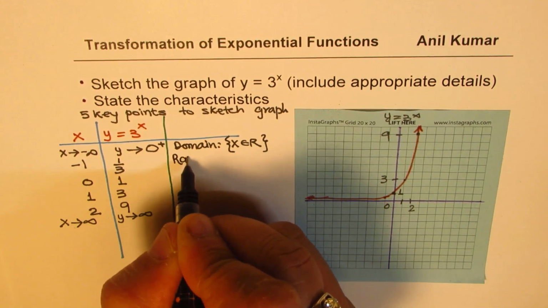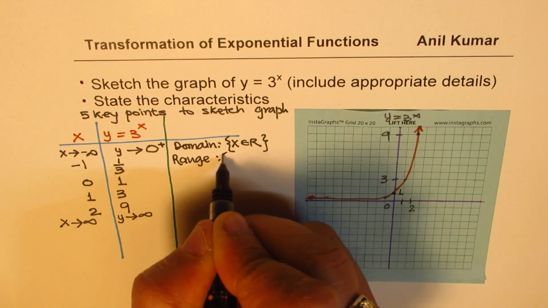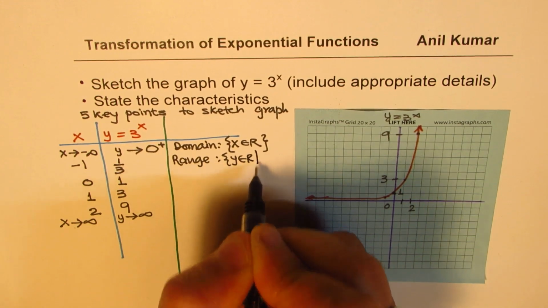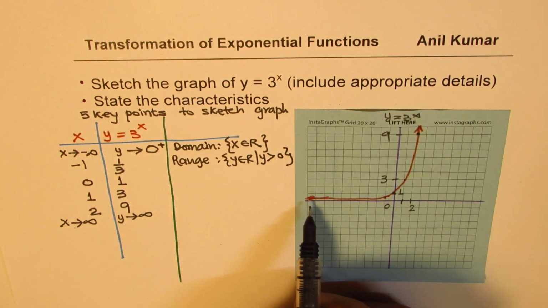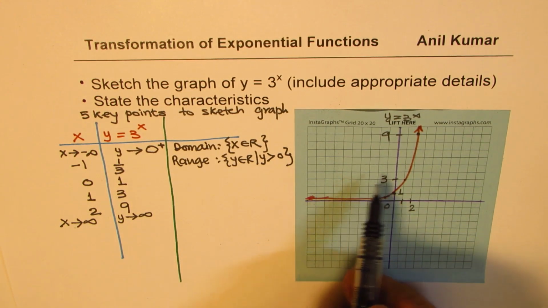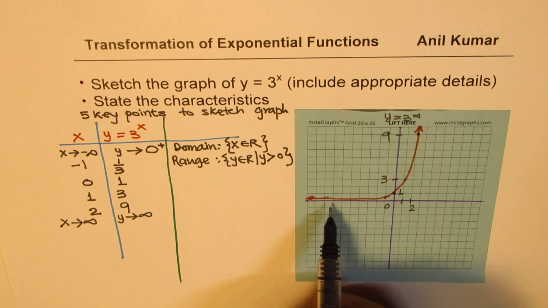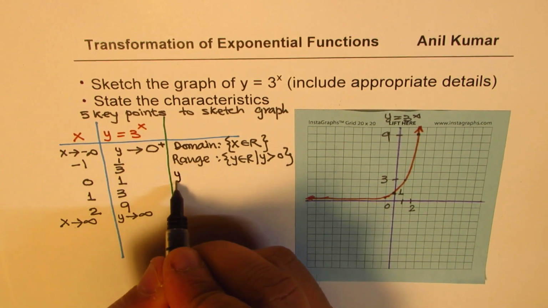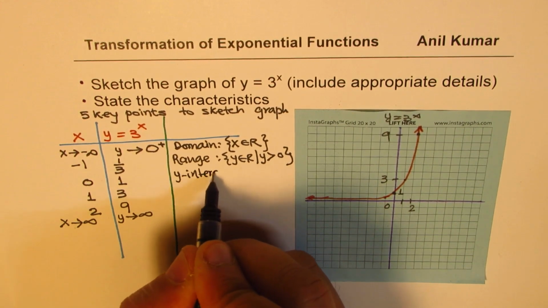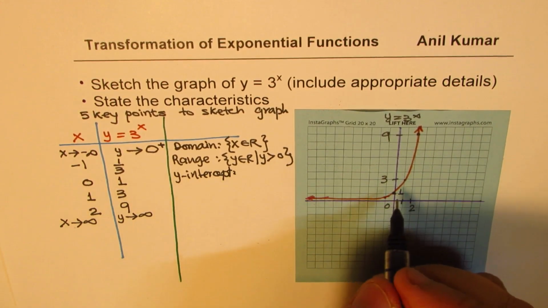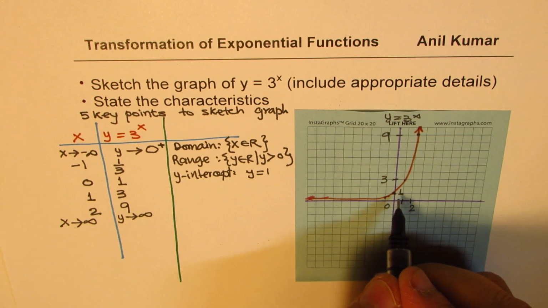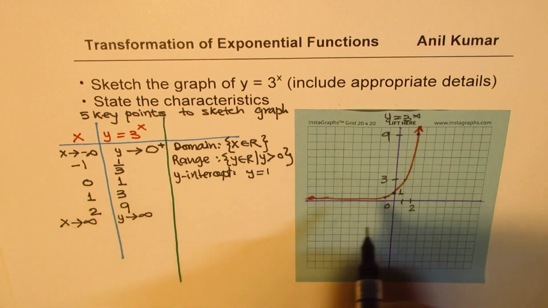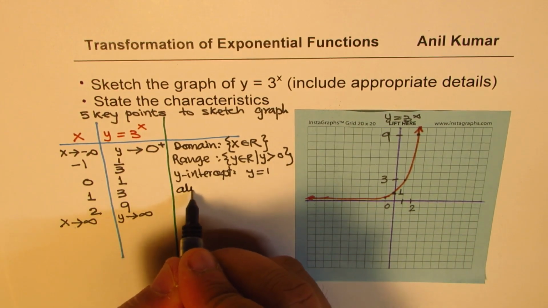As far as the range is concerned, the y values belong to real numbers, but y is always greater than 0, right? So the graph is in quadrant 2 and moves to quadrant 1. It doesn't touch the x-axis, right? Then we have the y-intercept at y equals 1. That is the y-intercept for the graph. We see that this graph is always increasing.